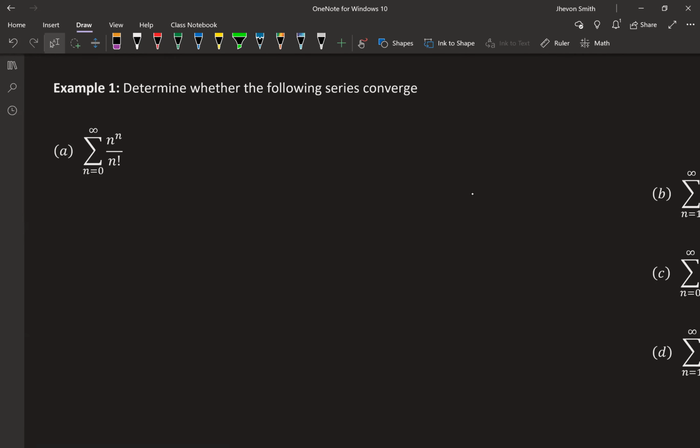Technically I should make that start from 1 because 0 to the 0 is undefined. So this looks like 1 to the 1 power over 1 factorial plus 2 to the 2 power over 2 factorial plus 3 to the 3 power over 3 factorial plus dot, dot, dot, right? There's this infinite sum.